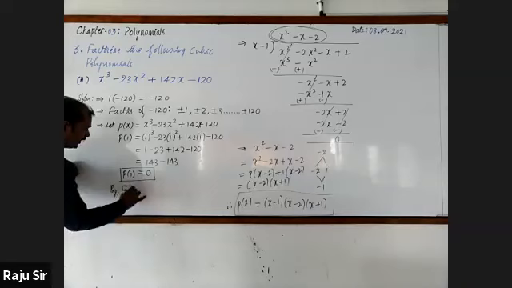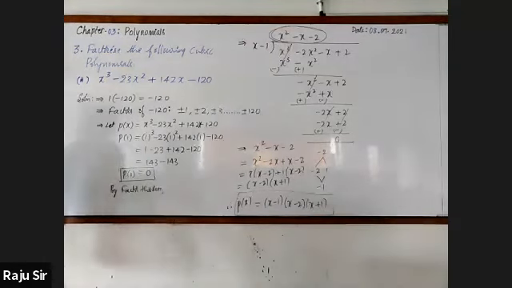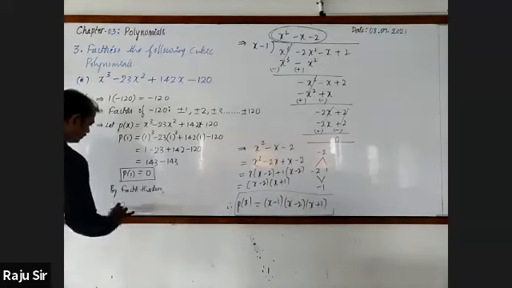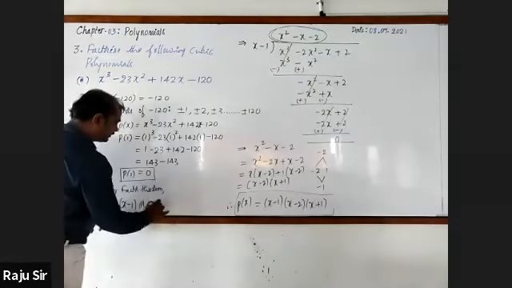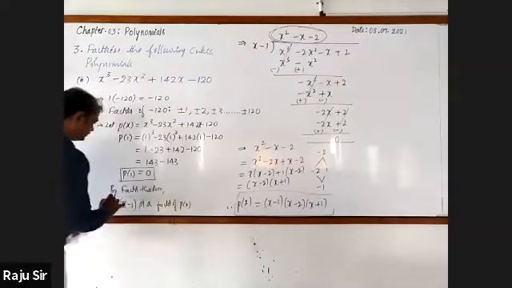What is the factor? x minus 1. x minus 1 is the factor. Therefore, by factor theorem, x minus 1 is a factor of P of x.